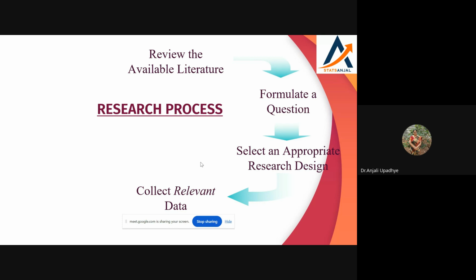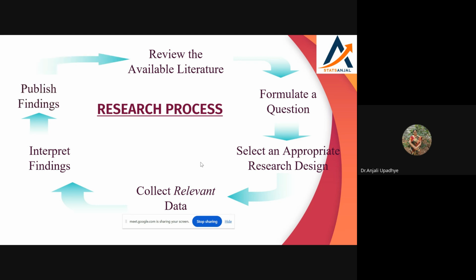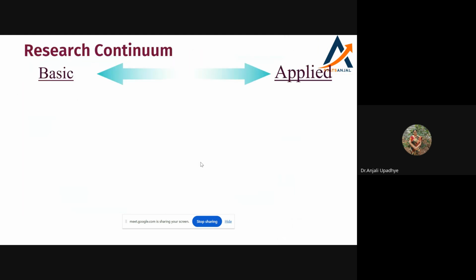Then we collect the relevant data and interpret the findings with proper data collection and data analysis, maybe with computer software or manually. Then we publish the findings, and published findings lead to another review of literature, or to other scope of research. In this way we complete our research process.